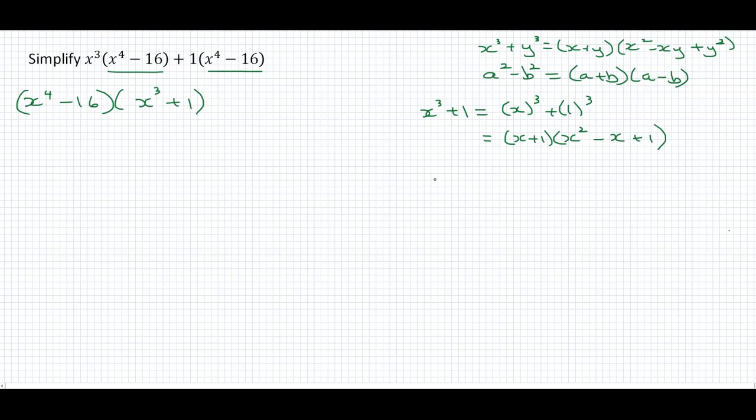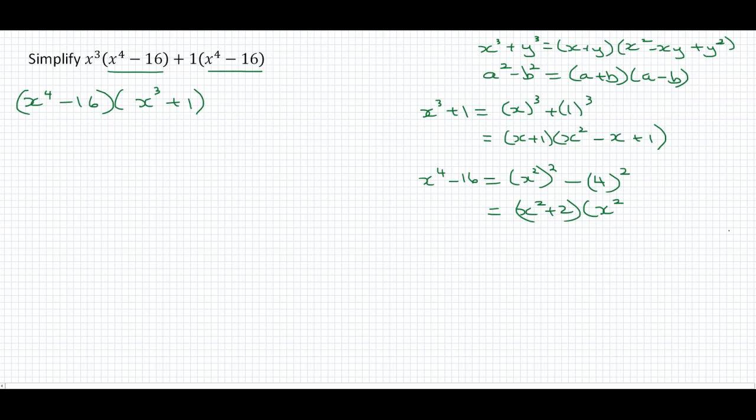And then x to the power of 4 minus 16 is the same as (x squared) to the power of 2 minus 4 to the power of 2. So this is going to give us (x squared plus 2) multiplied by... actually, that's not correct.